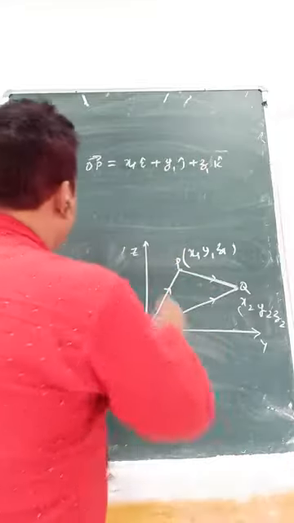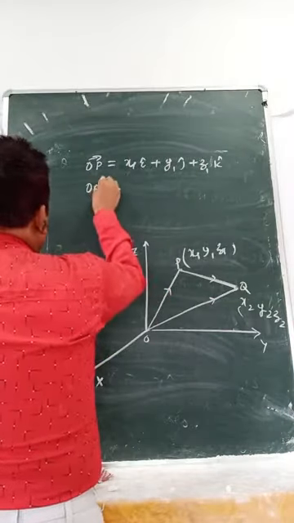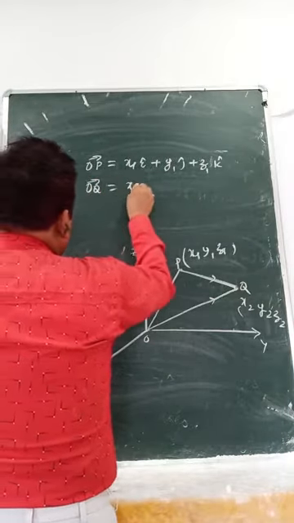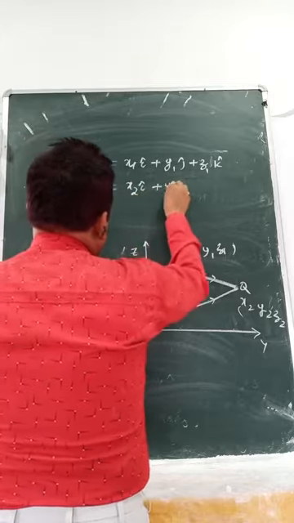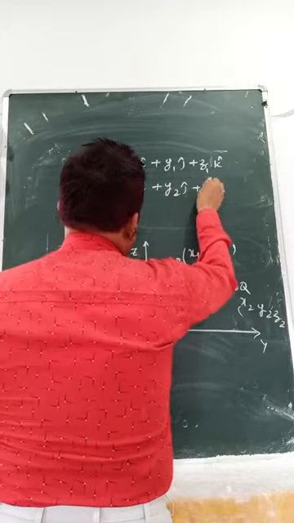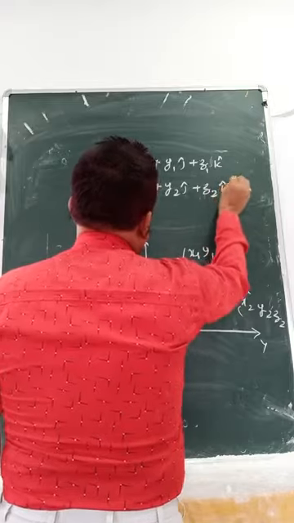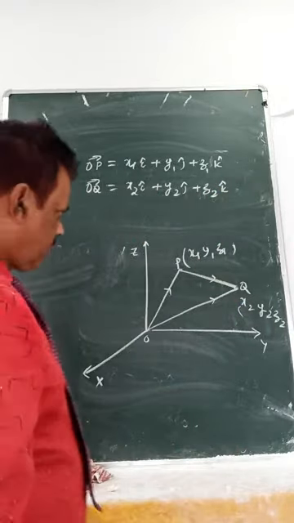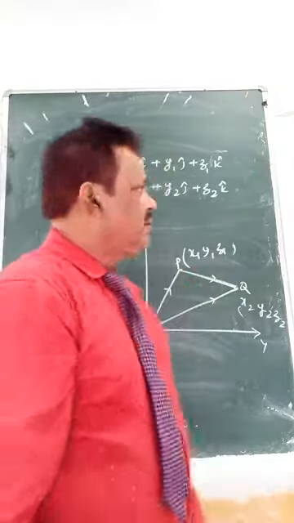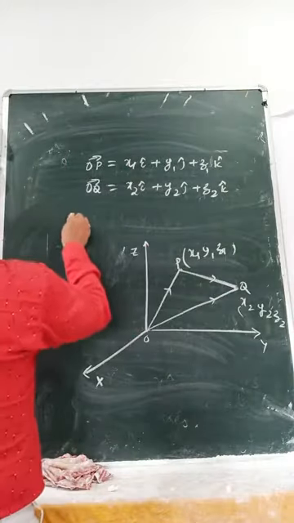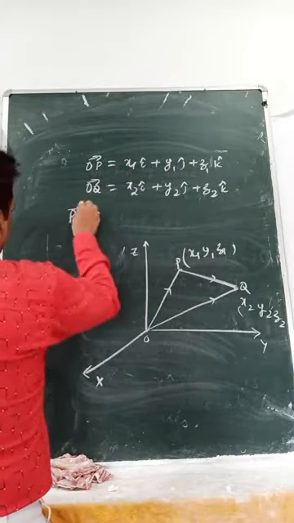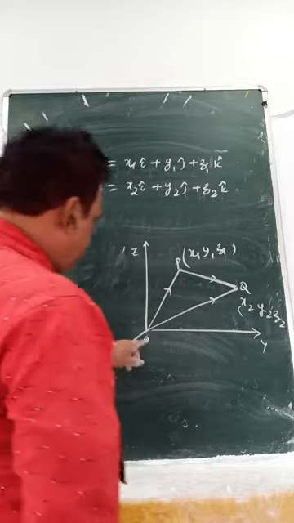OQ is x2 i plus y2 j plus z2 k. Okay, then PQ. How to find it by the vector law of addition?